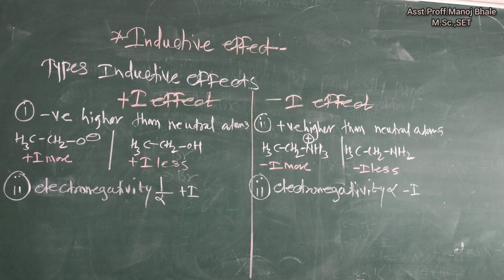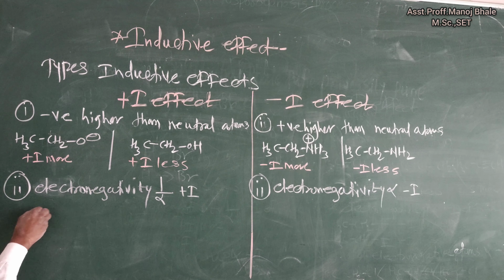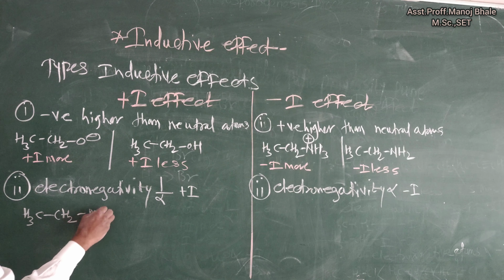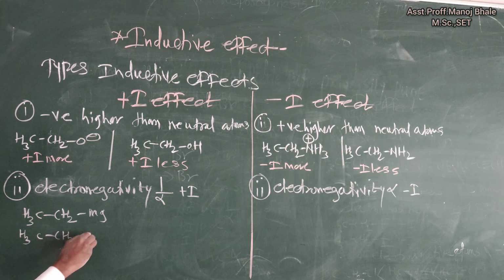Okay, so an example of this second point. In the example I am writing here, one example is CH3CH2MgBr, and the second example is CH3CH2B, that means boron.